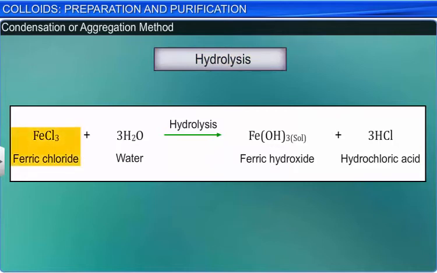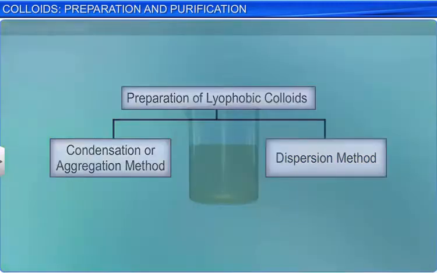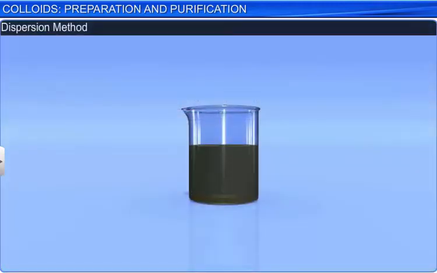Let us now discuss the second category, dispersion methods for the preparation of colloids. As the name suggests, in these methods, bigger particles of a substance, like a suspension, are disintegrated into particles of colloidal dimensions.